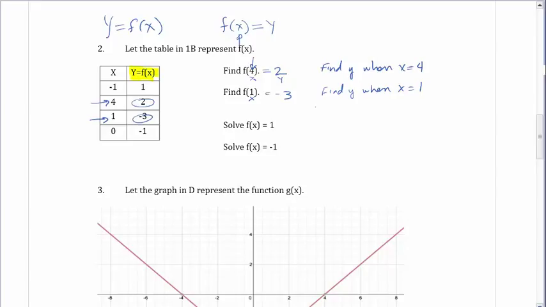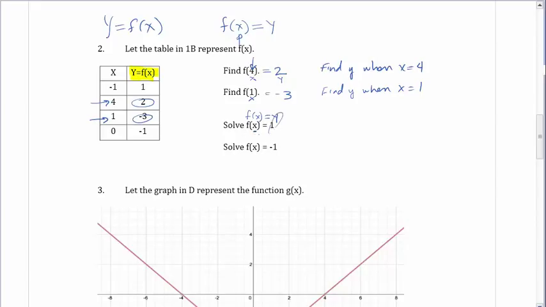Now the next two problems say solve. And anytime you're asked to solve something, you're typically looking for x values. Notice that the x value is not known here, but what you're given over here is the output number. So if I write above here f of x equals y, you can see that this 1 right here is corresponding to the y value.